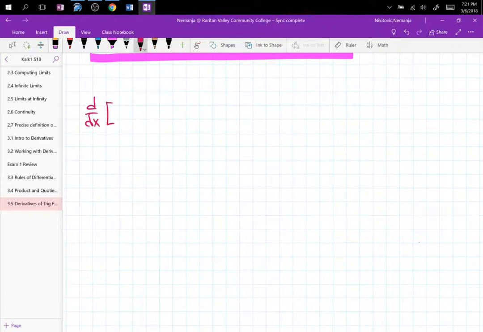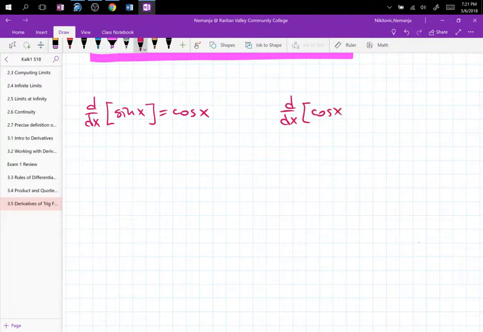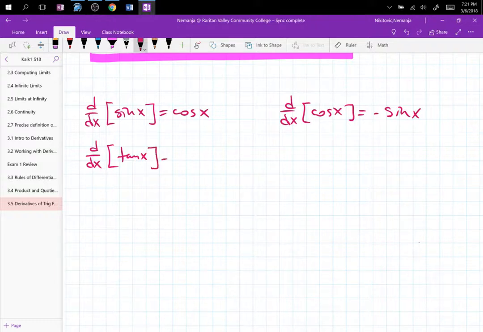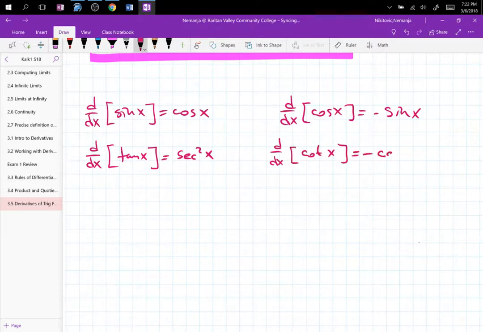The derivative of sine x is cosine x. The derivative of cosine x is negative sine x. The derivative of tangent x is secant squared x. The derivative of cotangent x is negative cosecant squared x.